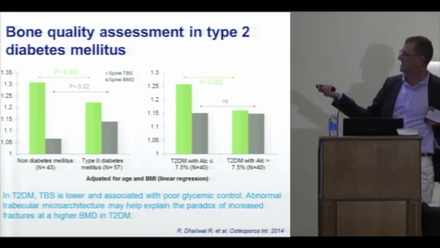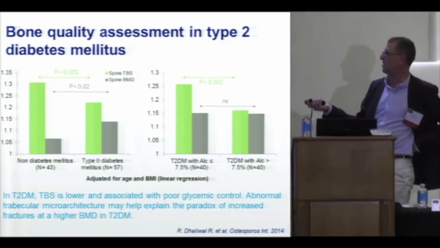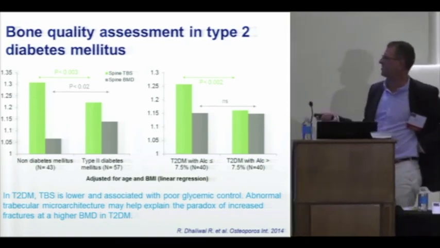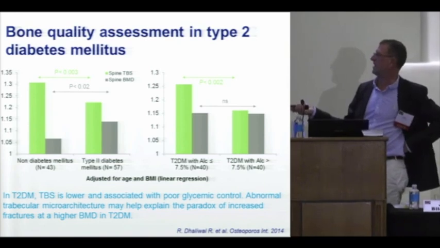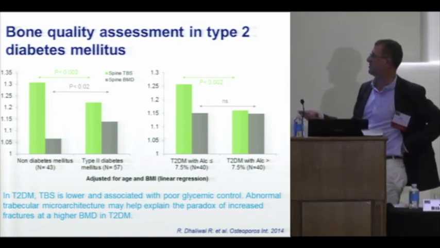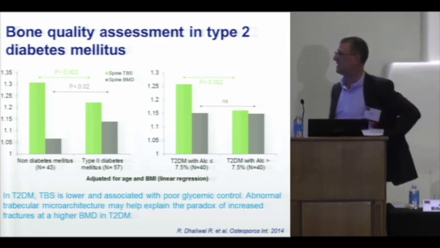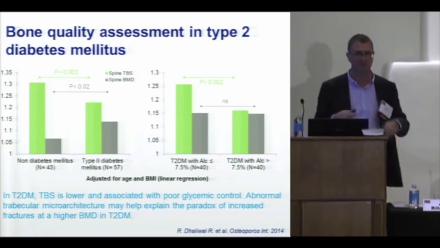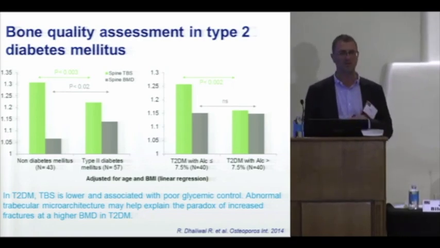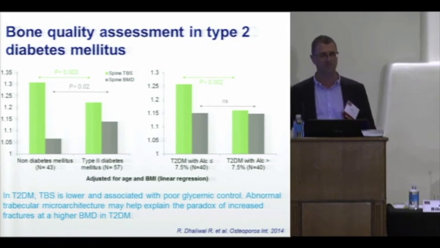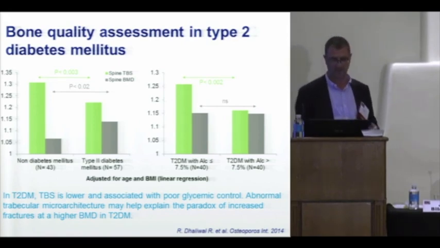What was even more interesting is that when they controlled for glycemic control, those below 7.5% versus above, you have a significant difference in TBS and no difference in the BMD parameters. So apparently the level of glycemia was also playing a role. I'm not a specialist on how to explain that, but that's what they reported in the paper.